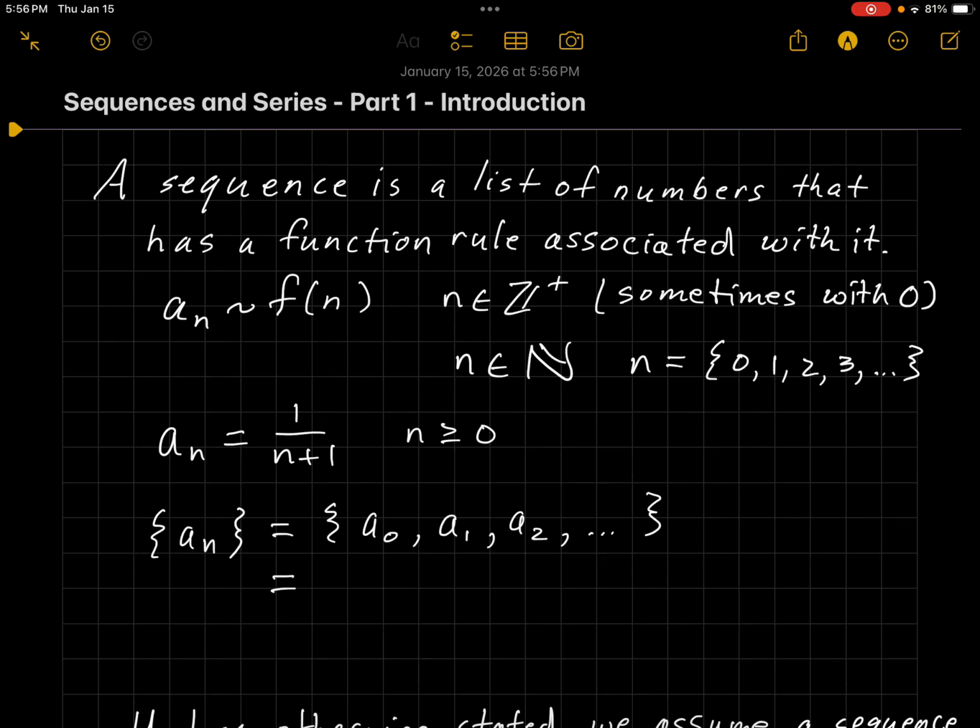Which means for the first, a sub 0, we go back to our function rule and plug in n equals 0. So we get 1 over 1. For the next one, we plug in n equals 1 because we're dealing with a sub 1. So we get 1 over 2.